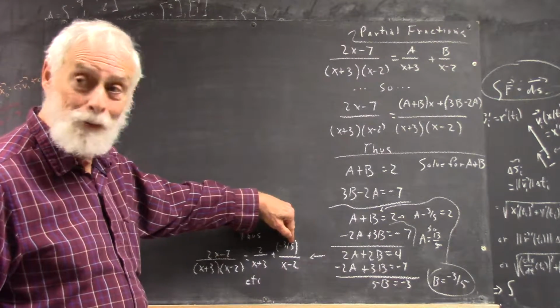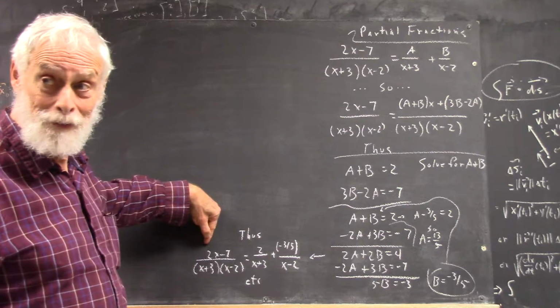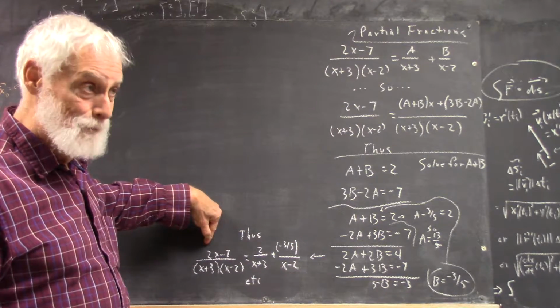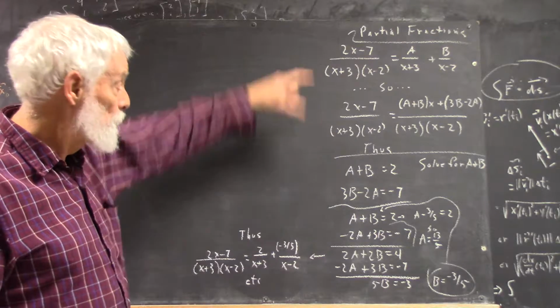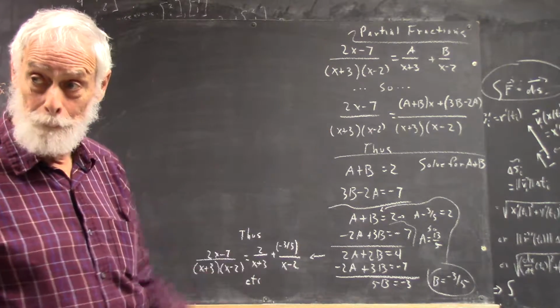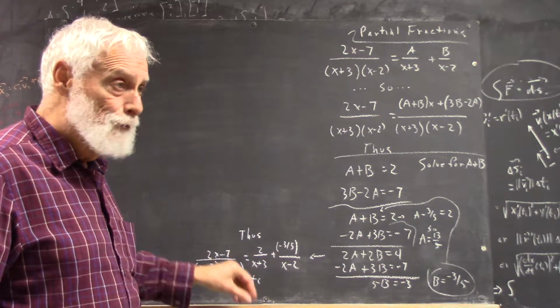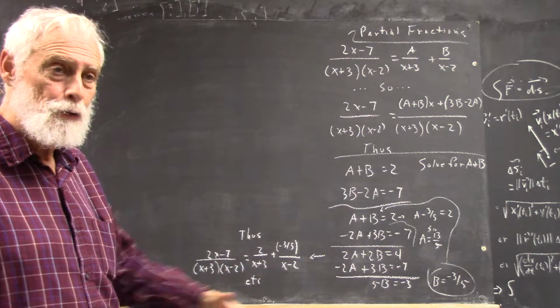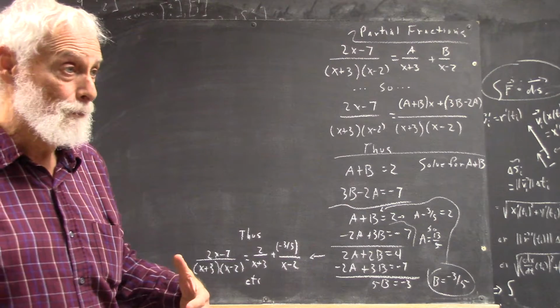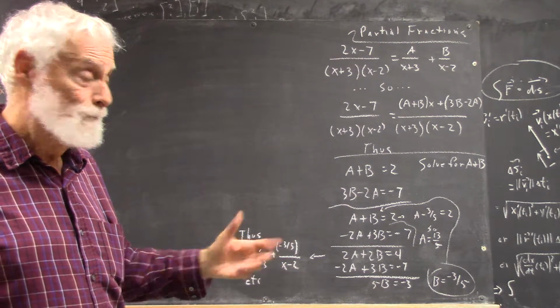You add these and see if you don't end up with this. Okay? You can do this addition just as well as you can do that one. Okay? You know how to do it, so do it. Make sure you get what you started with. Okay?